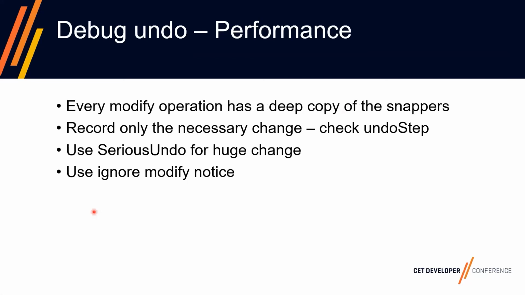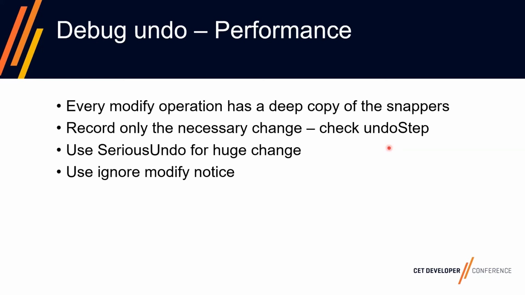So, debugging performance or a slow undo. Every modify operation has a deep copy of the snapper, so it can be very expensive if one undo step has a lot of changes. If you have a lot of changes, you should consider using a series undo step for that. If you are making a small change but it's still slow, then you should check your undo step.